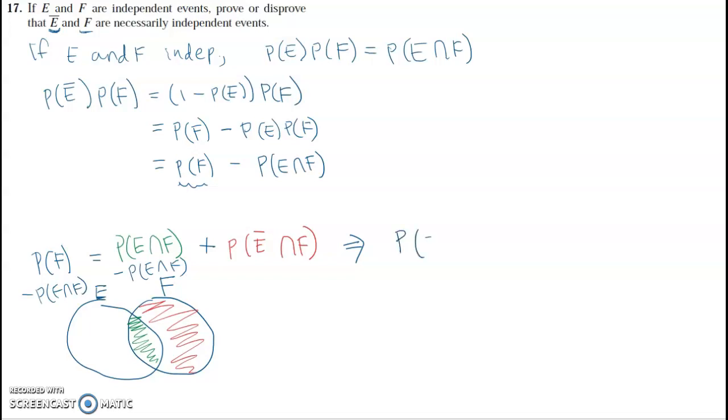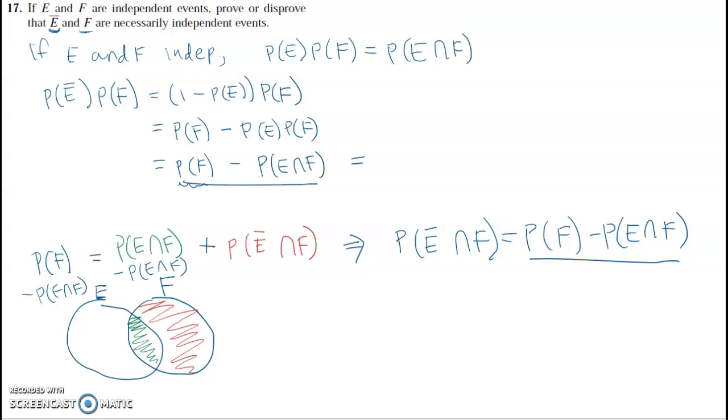so I have P of not E intersection of F. This is P of F minus P of E and F. So this is identical to this, which means this equates to P of not E and F. So ultimately, we have probability of not E times probability of F equals to this, which means that these two events are independent.